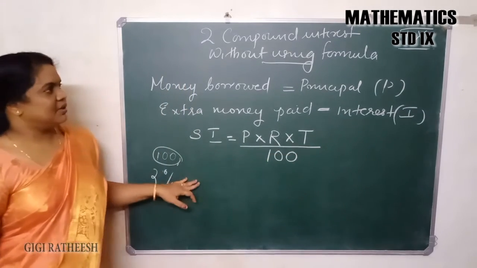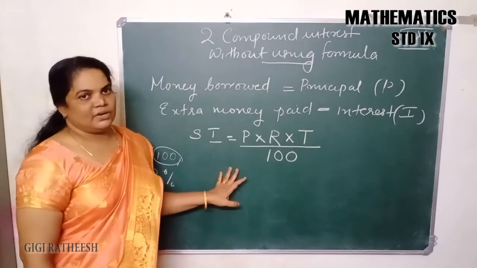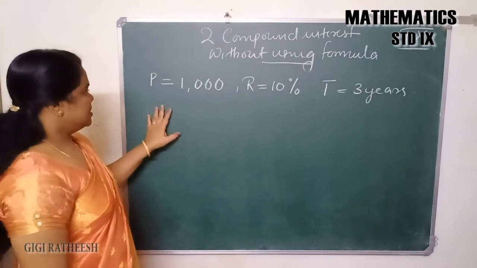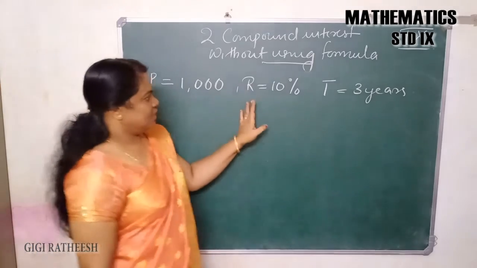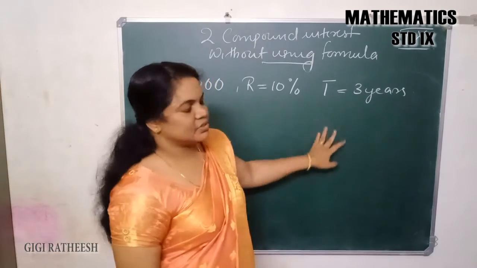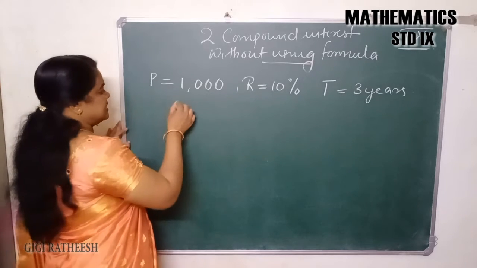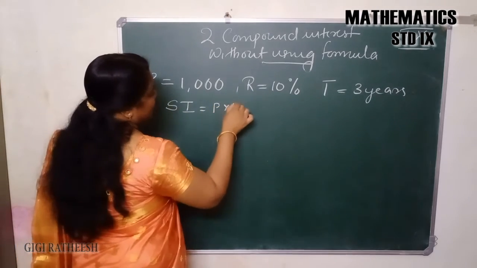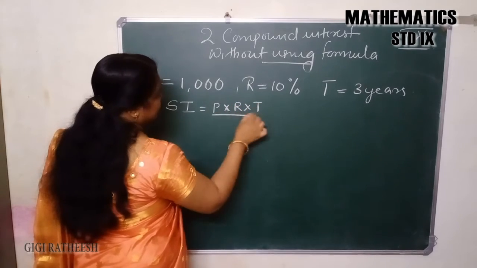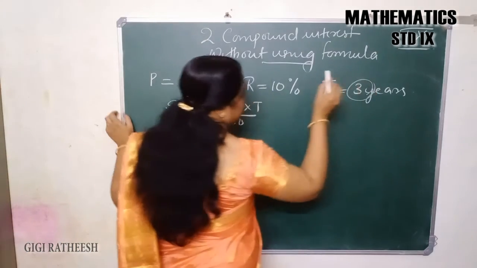Here we are studying about compound interest. Let's see how compound interest is calculated. Okay, this is a question: the principal borrowed is equal to 1000 rupees, the rate of interest is 10% and T is equal to 3 years. We know how to compute the simple interest by the formula P into R into T by 100, calculated for the whole 3 years.